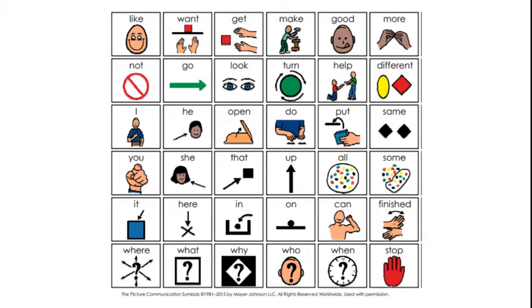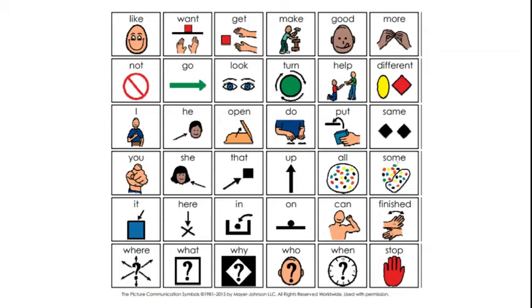Or maybe you didn't like the presentation so much and you were composing messages like I not like, or it not good, or maybe even you go or you finished. And that's okay. But you can see that you can combine a lot of these core words to create many messages to communicate about any topic, really.